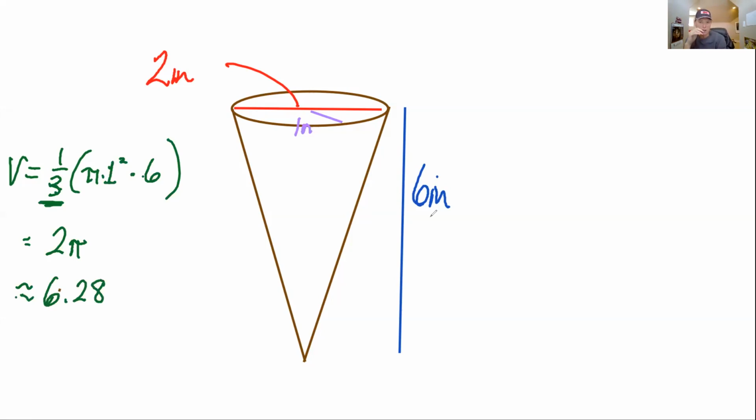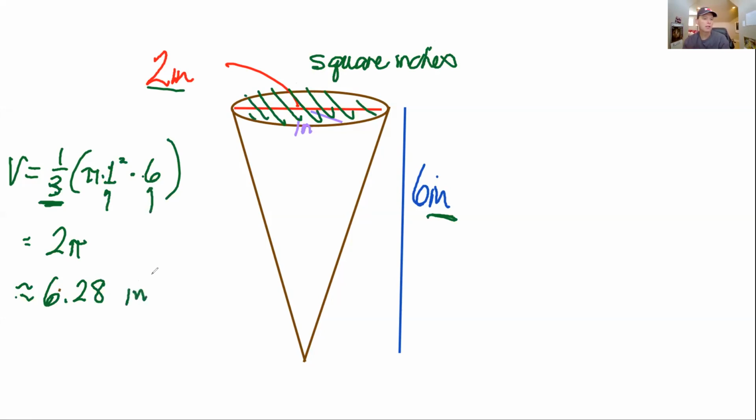I've got inches here and I've got inches there, but remember that the area of a circle would be in square inches. So I have square inches there times inches there. This is actually cubic inches, cubic inches for the volume. Okay?